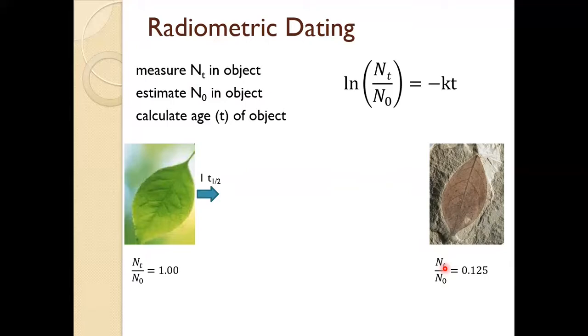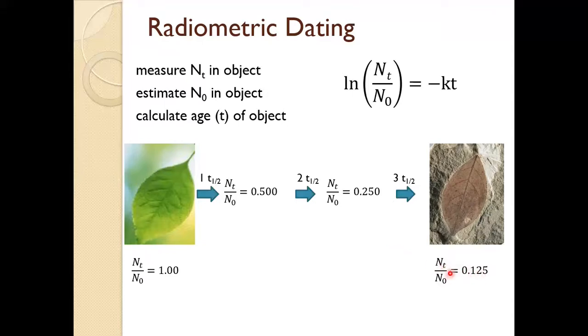So in this very simple example, we know that originally this ratio is 1. After 1 half-life, by definition, that ratio will drop to 1/2. After 2 half-lives, that ratio will drop to 1/2 of 1/2, or 1/4. And then for 3 half-lives, it'll drop to 1/2 of 1/2 of 1/2, or 1/8, or 0.125.